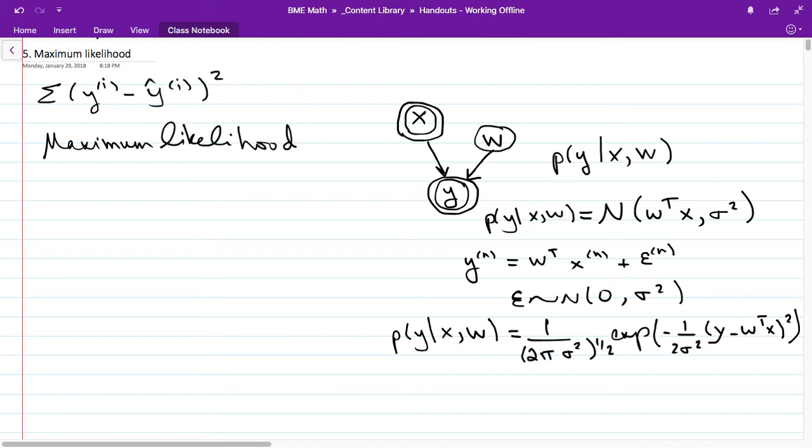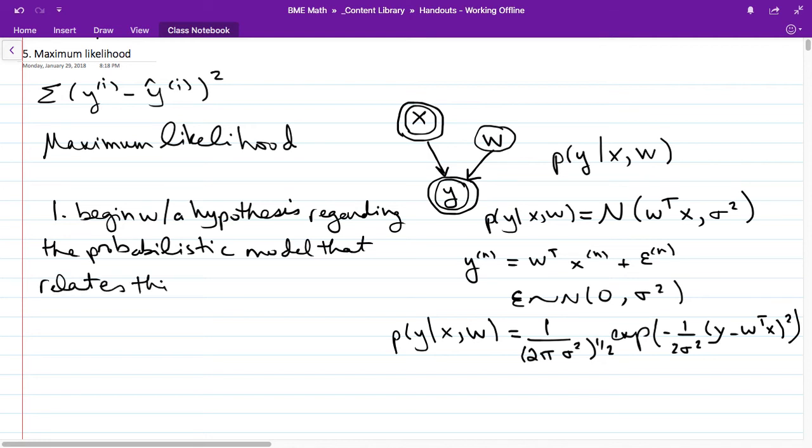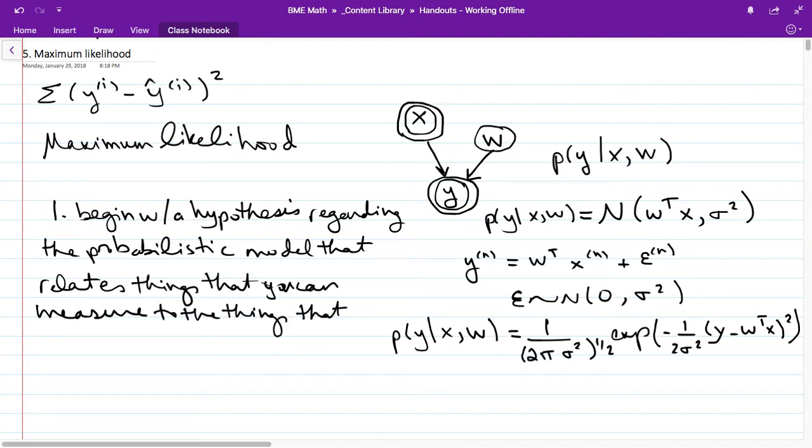So what is maximum likelihood? Maximum likelihood is the idea is that you begin with a hypothesis regarding the probabilistic model that relates things that you can measure to the things that you want to estimate.